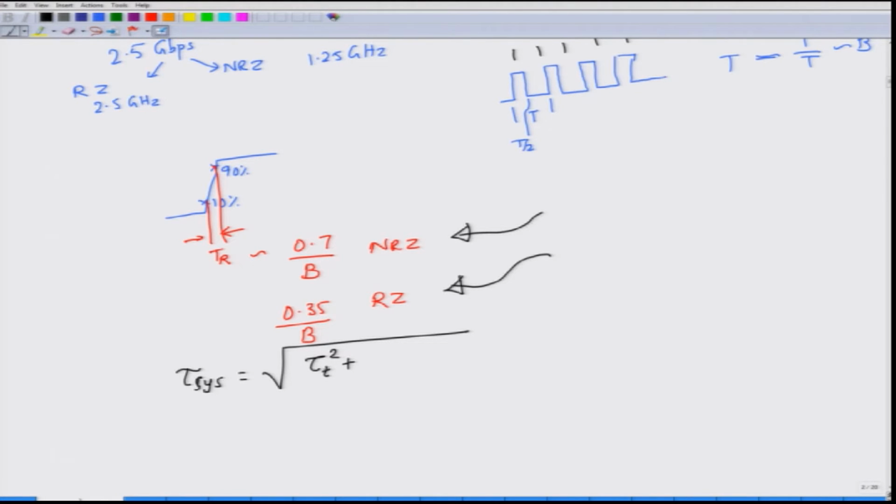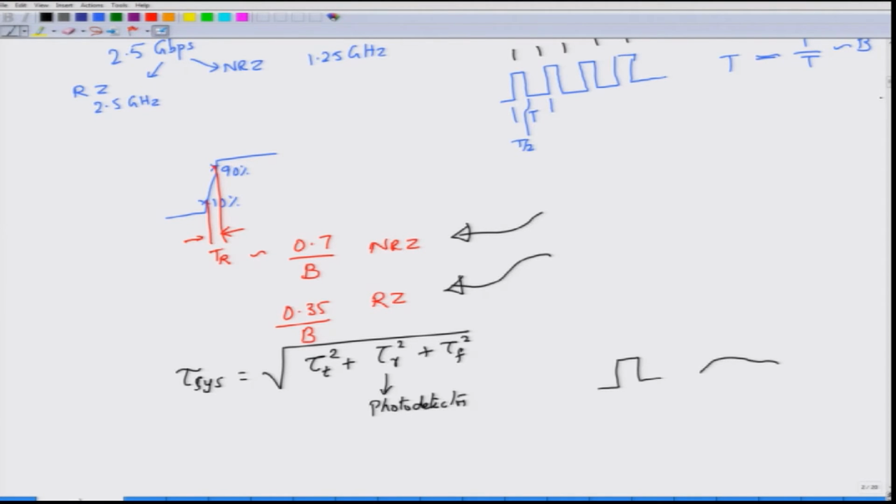So, this quantity is not very important except for legacy systems, and then you have the receiver rise time, which is very important because this comes directly from the photodetector. If you do not have a high speed photodetector, then it simply will not respond to your signals. You might send in a nice rectangular pulse, but if the photodetector bandwidth is very small, then you will get a very distorted signal and you will not be able to measure anything. So, photodetector rise time is important, but more or less the limitation comes from the fiber rise time.